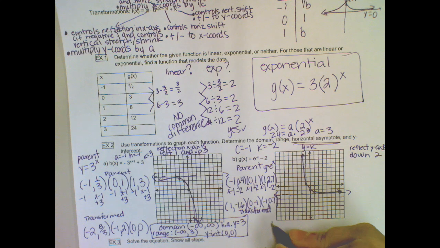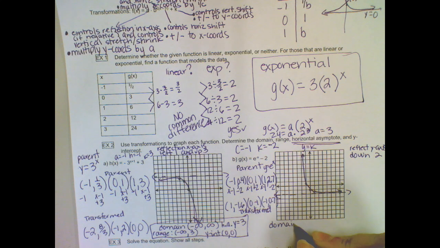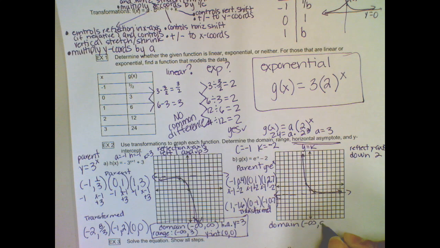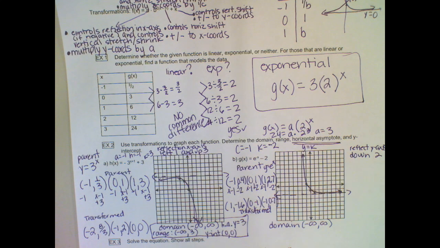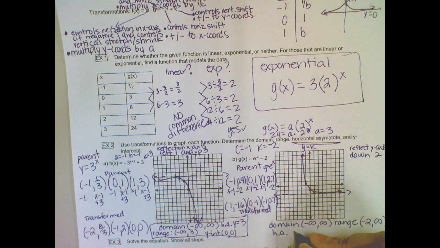So key features, domain, again, unless it's a word problem that restricts for real life, the domain is -infinity to infinity. In this case, the points are above the horizontal asymptote. So instead of -infinity to asymptote, it's asymptote to infinity. The horizontal asymptote we said is y equals -2.